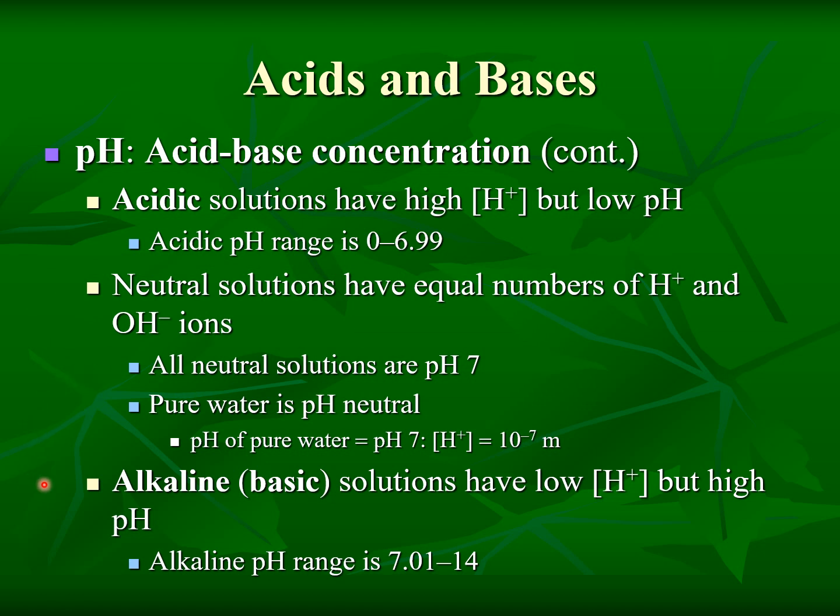If the pH is above 7, it is alkaline or basic. Remember, because it's a negative log, it's kind of inverse: acidic solutions below 7 have higher hydrogen ion concentration but a low pH, and an alkaline solution has a low hydrogen concentration but a high pH.